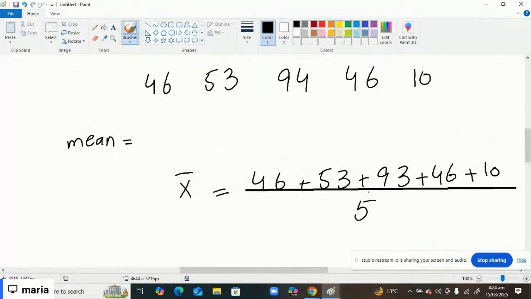Let's open the calculator and find it out.